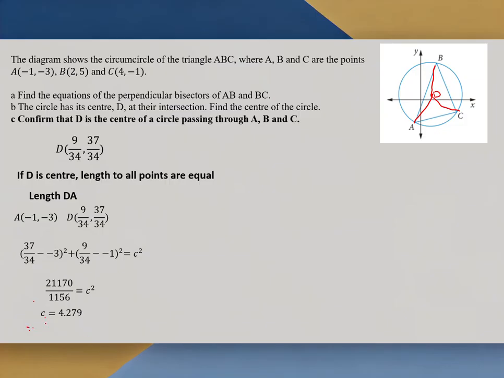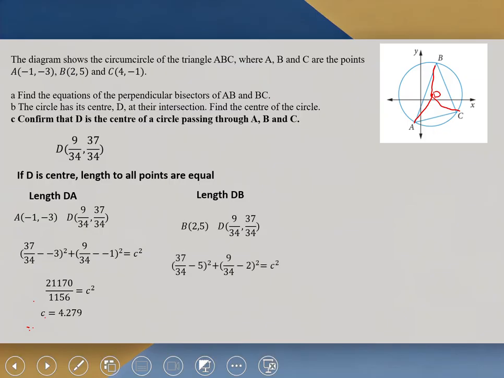4.279. If I do the same for DB, I grab my B point, I grab my D point, and I plug them straight into Pythagoras' theorem. I simplify, and I've got the same 4.279.